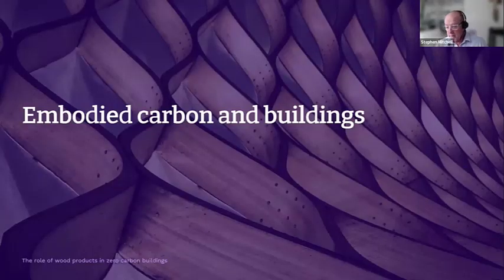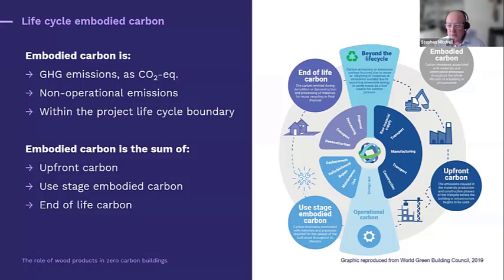So embodied carbon in buildings has a high priority in terms of environmental impact in the building and design sector. Just a few definitions about embodied carbon, and this graphic you see here is reproduced from the World Green Building Council's report on upfront carbon that they released in 2019.